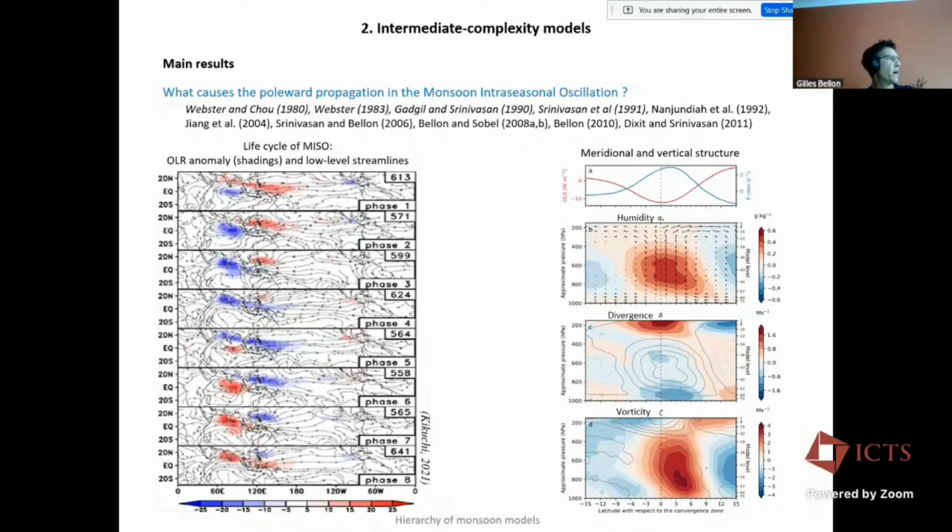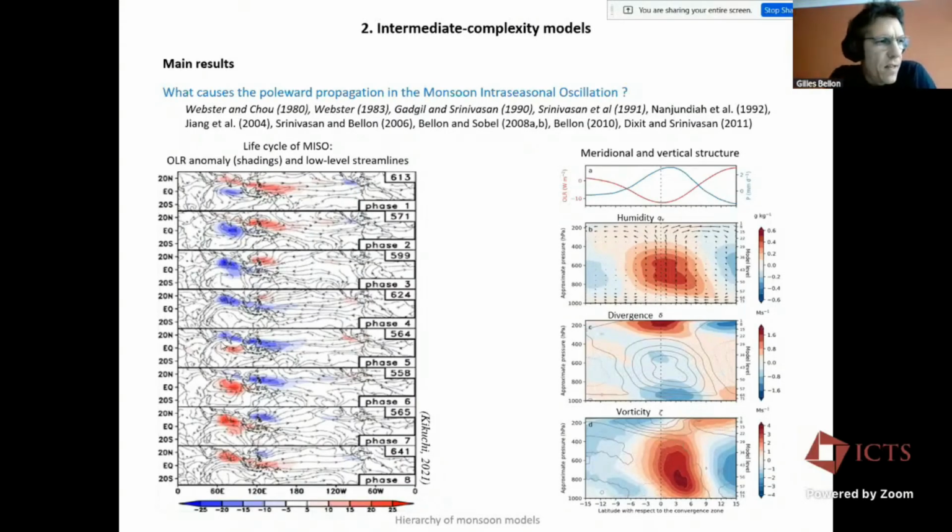But yes, that's something we're working on with Vishal. So far we're looking only at the vorticity budget, but we want one day to get to the moisture budget with the same type of methodology.